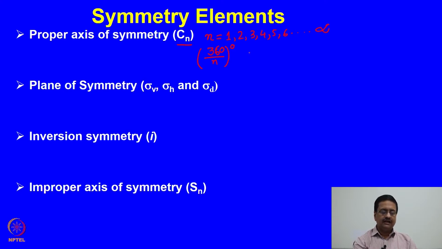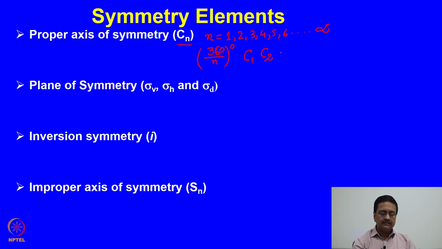So, when you have C1, it means you only get back the same molecule when you rotate the molecule by 360 degrees. When we write C2, it means the same molecule is regenerated when we rotate the molecule by 180 degrees about that particular axis.